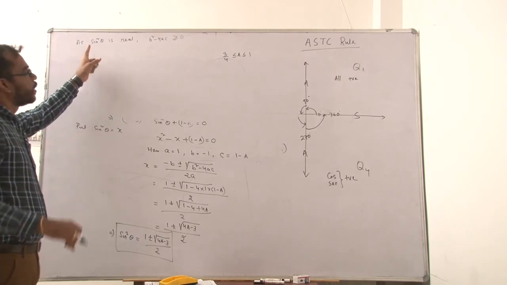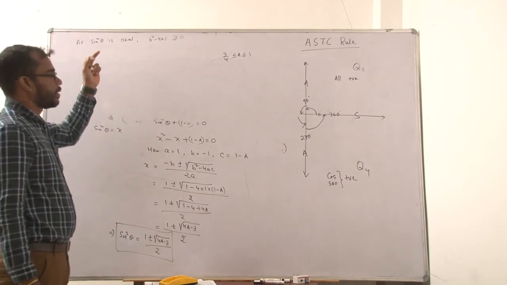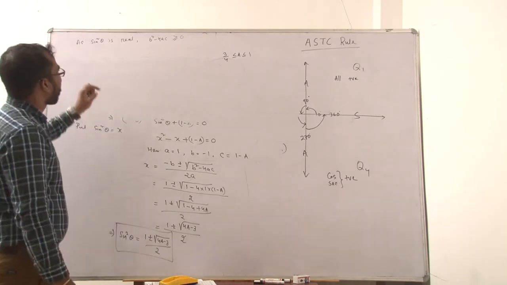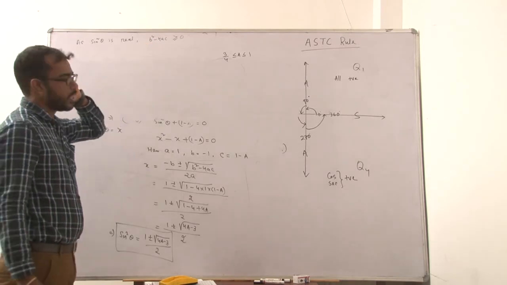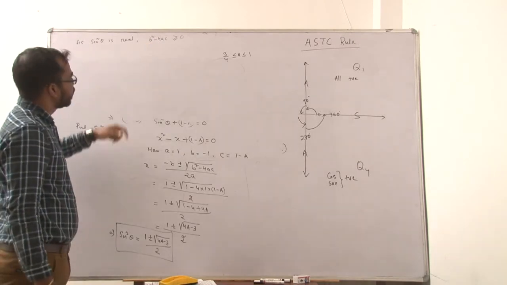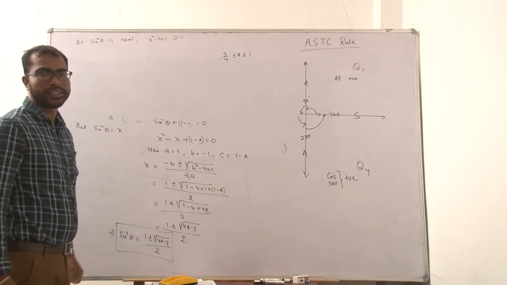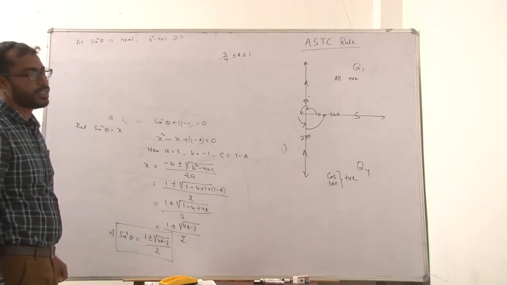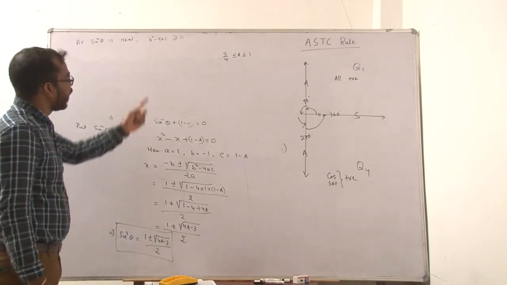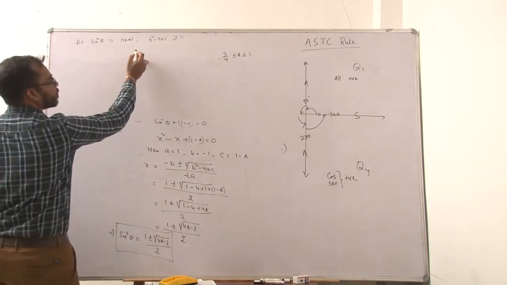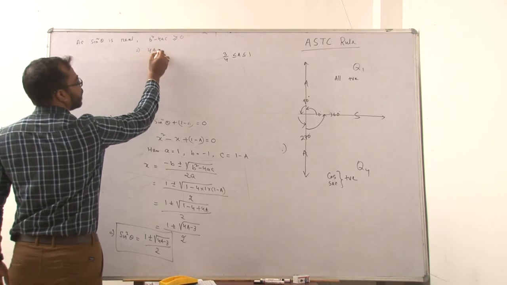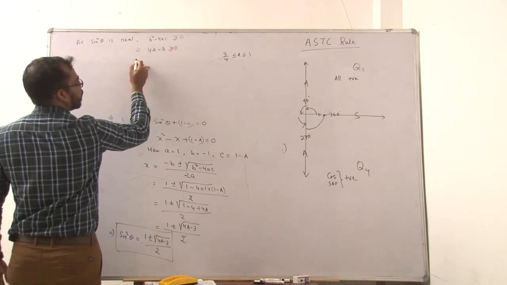If you learned in class 10 in the quadratic equation, if the roots are real, then the discriminant is greater than or equal to 0. So as sin square theta is real, the discriminant b square minus 4ac, which is equal to 4a minus 3, is greater than or equal to 0.